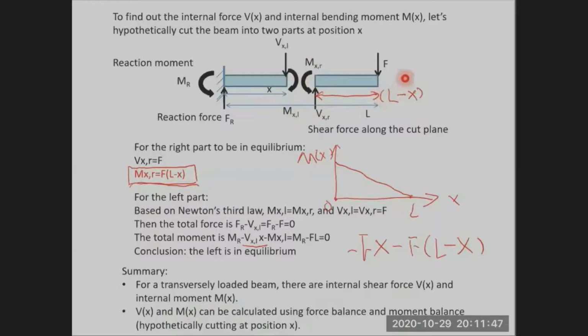Then by analyzing the right part, we calculated Vx and Mx. Note that later we are going to use this result again. So please keep in mind that this internal bending moment can be calculated for this cantilever beam.